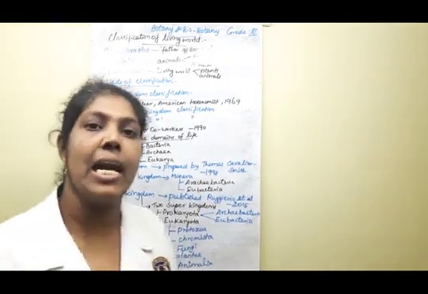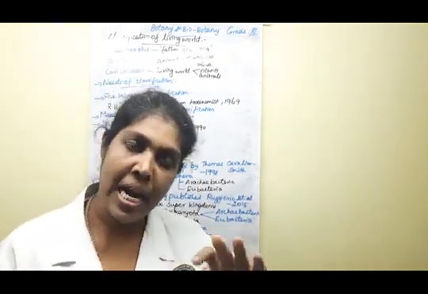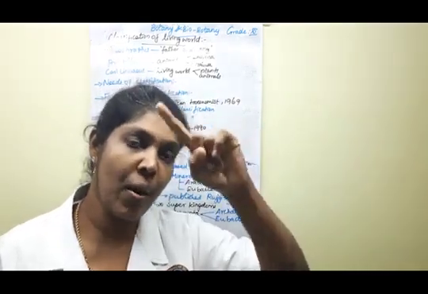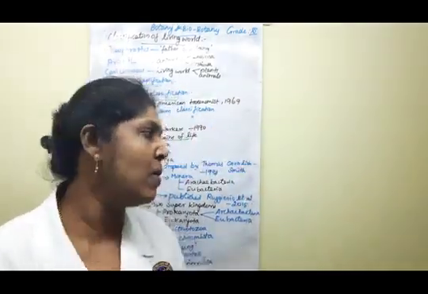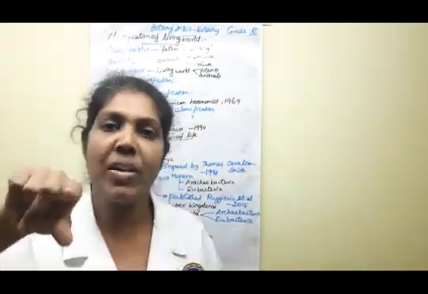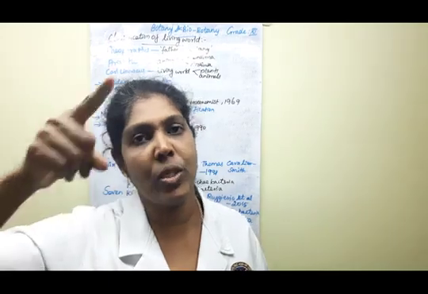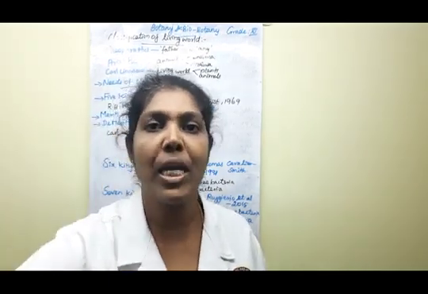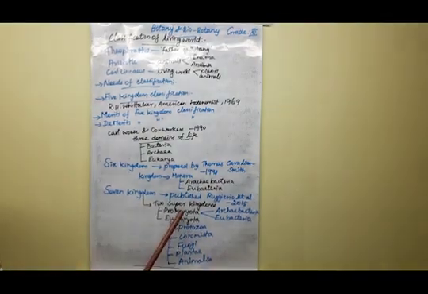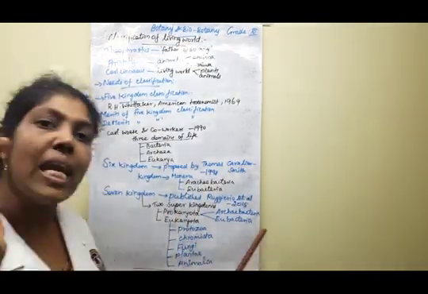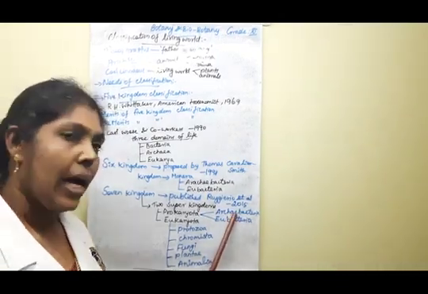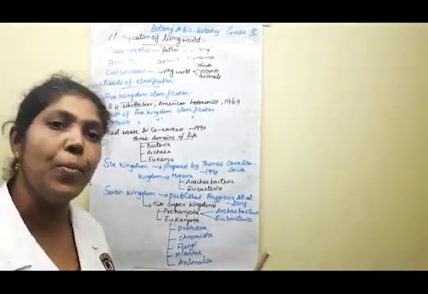Then again they are dividing it. Mainly there are seven kingdoms in this seven kingdom system of classification, and these are grouped under two super kingdoms: first one is Prokaryota and another one is Eukaryota. Clear, children? Prokaryota means they come under two kingdoms, Archaebacteria and Eubacteria.